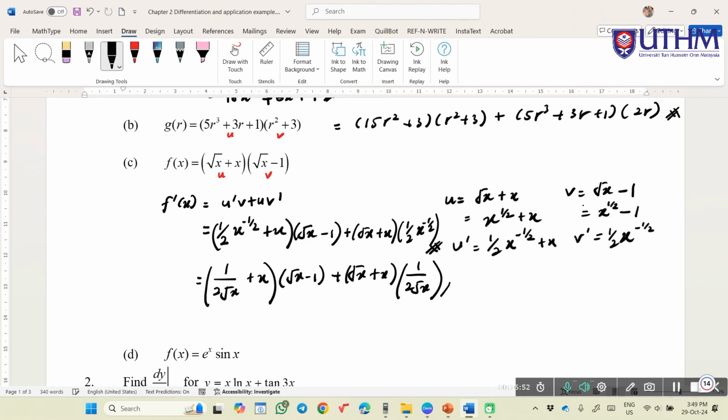You also can leave it in this form, or you can expand.